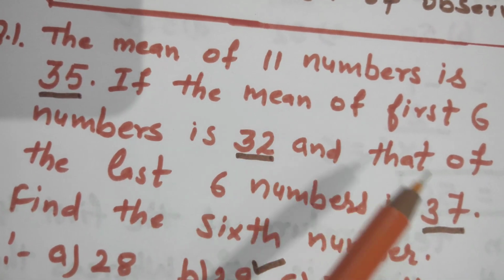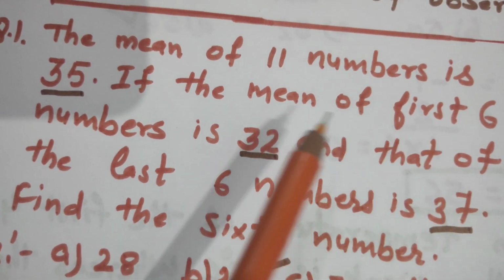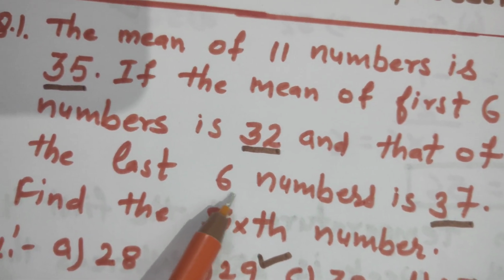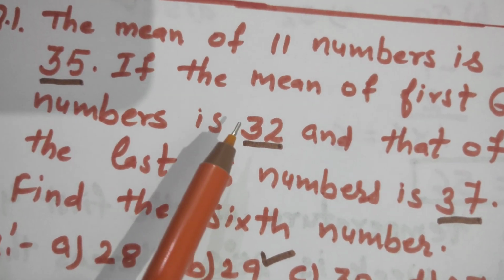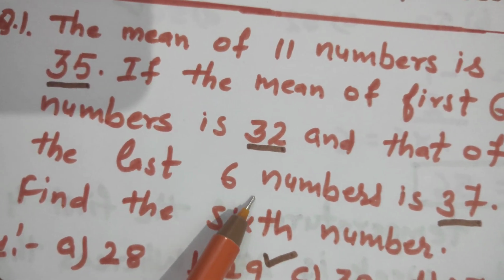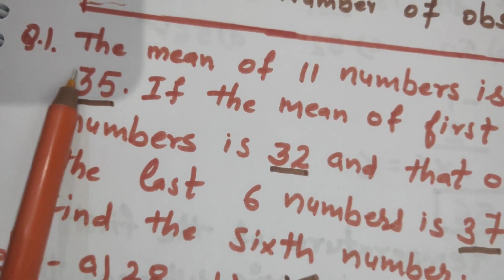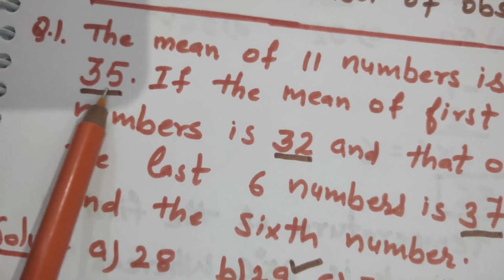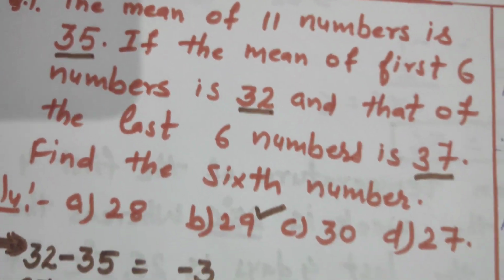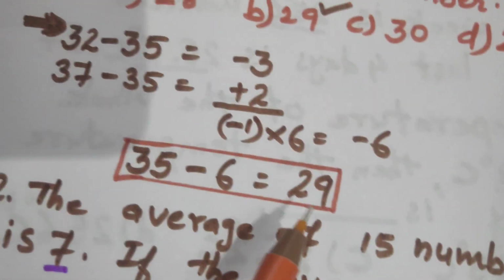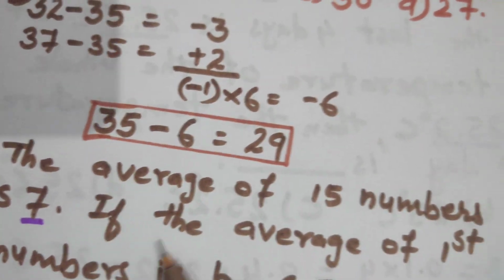So minus 3 and plus 2 comes to minus 1, as there are 6 numbers, minus 1 into 6 will be minus 6, and we will add minus 6 to this 35. So 35 minus 6 will become 29. Easy. Now second question.